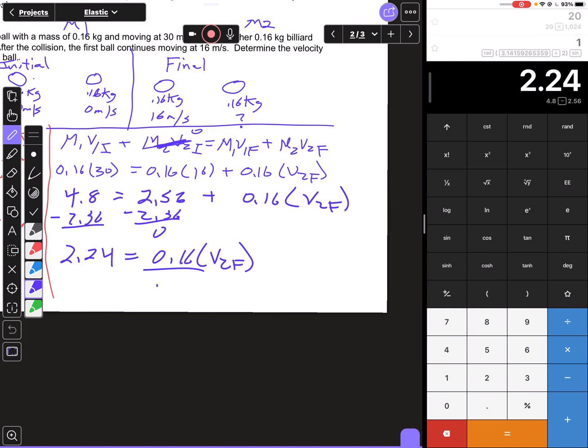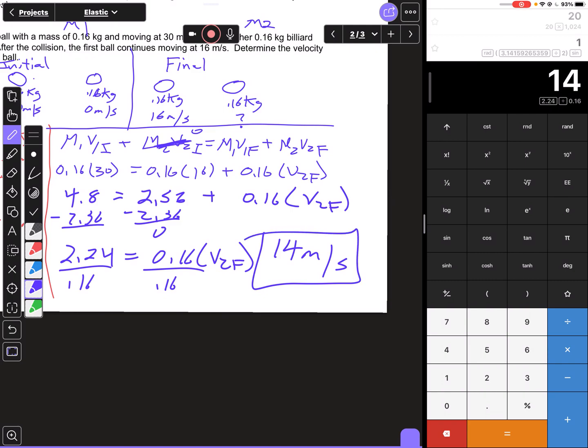Going to divide both sides by 0.16. That'll give me my answer, 2.24 divided by 0.16. And my final velocity, V2F, equals 14, and it's meters per second, would be my answer.